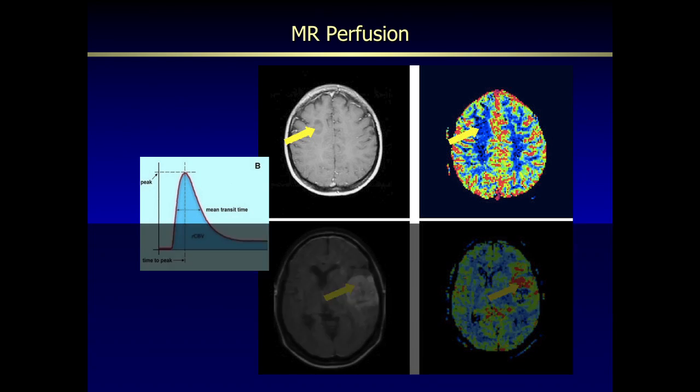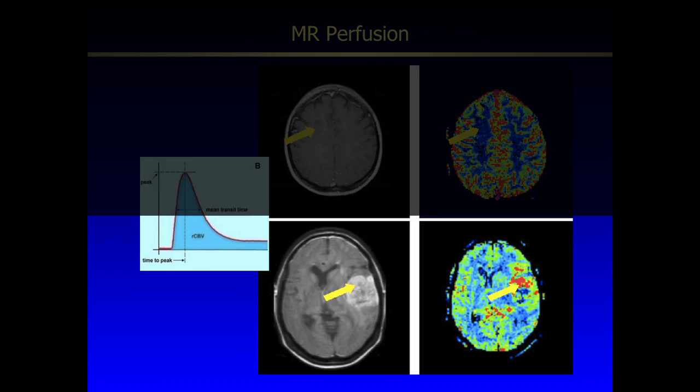But through any particular tissue, through any one box on that image, we can map out that signal, and this time course gives us certain clues. We can get maps out of this, and this area here, you can see, is cold. That means there's not much blood flow in that area.